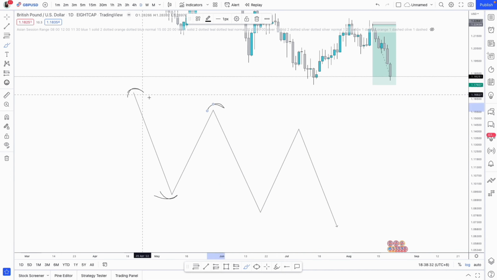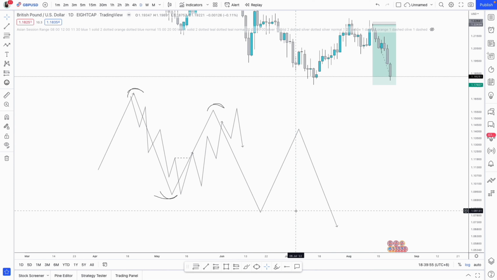When we see the higher high on the internal get broken, now the internal shifts bearish. So when the internal shifts bearish, aligned with the external bearish, that is when you are ready to get into a trade.